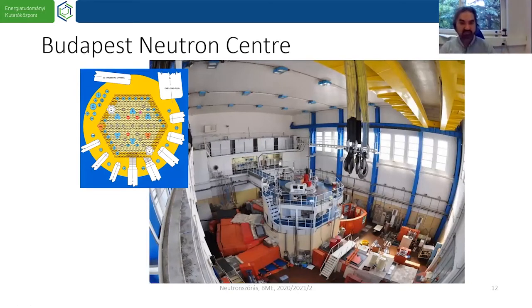Now let's come to the instrumentation. This is the general view of a typical nuclear research reactor.